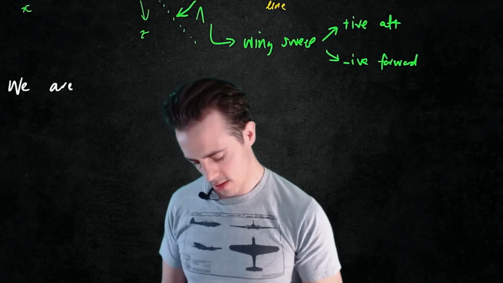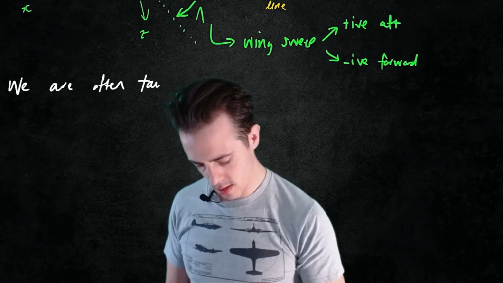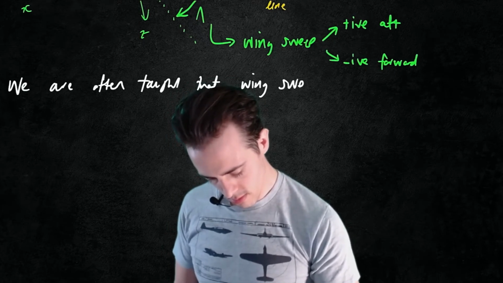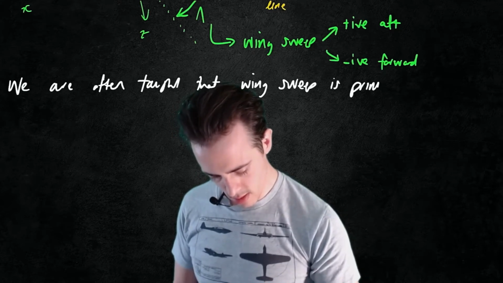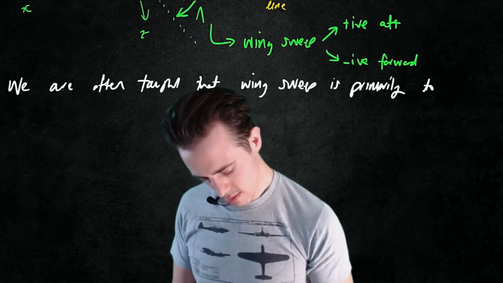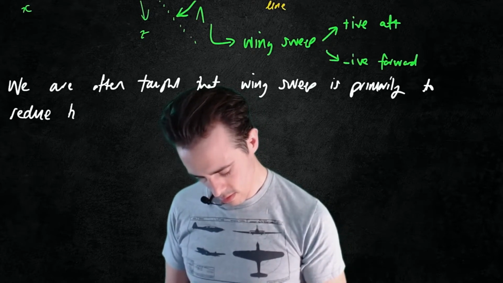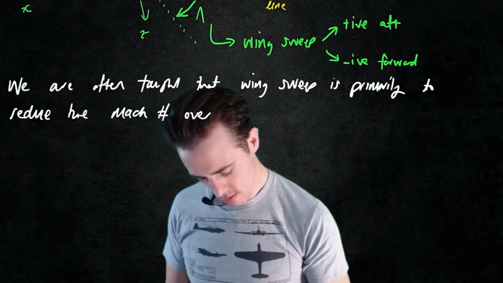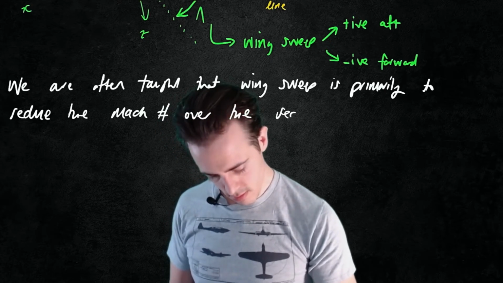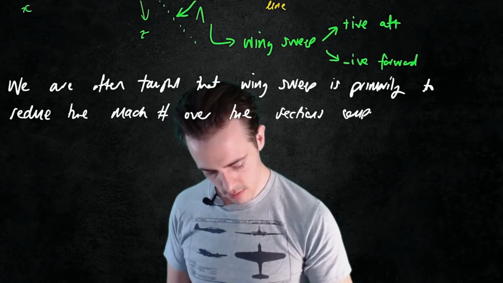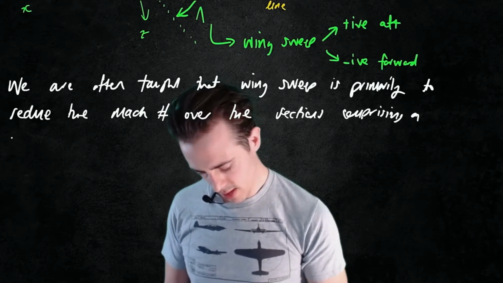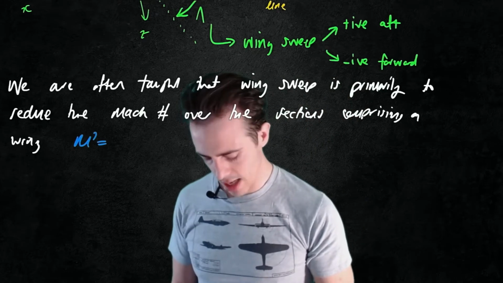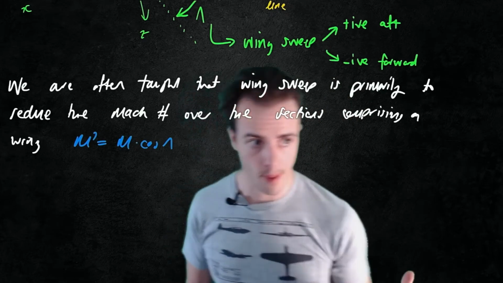So we are often taught that the Mach number is reduced in the section comprising a wing, something like m prime is equal to m cosine lambda.